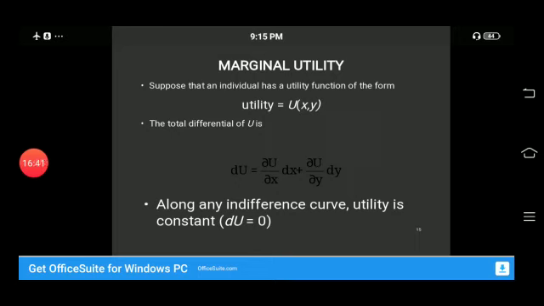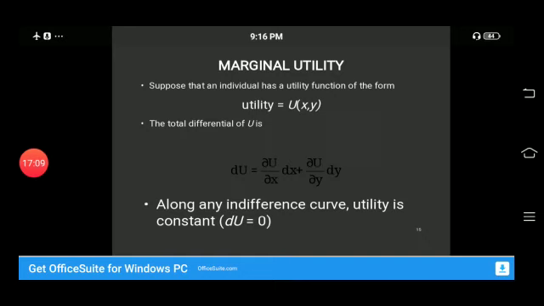The total differential of utility is the differential of the function with respect to each variable, that is, ∂U/∂x into dx plus ∂U/∂y into dy.